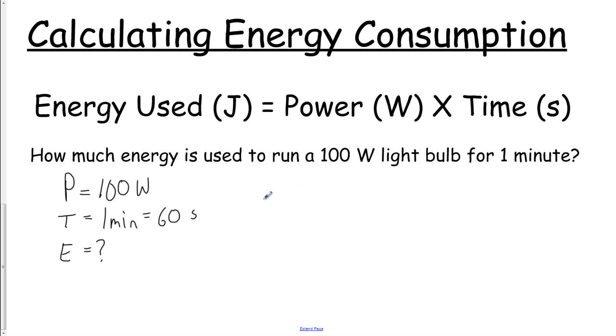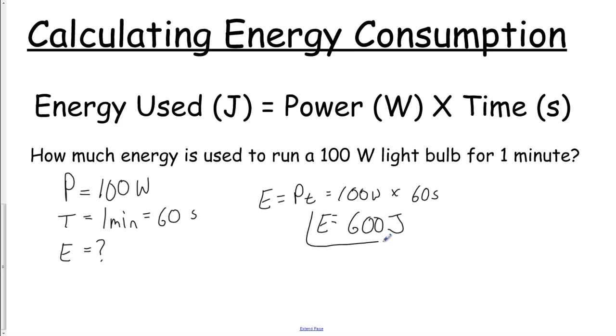So E equals power times time, which equals 100 watts times 60 seconds, which equals 600 joules. So the amount of energy used by a 100-watt light bulb in 1 minute is 600 joules.